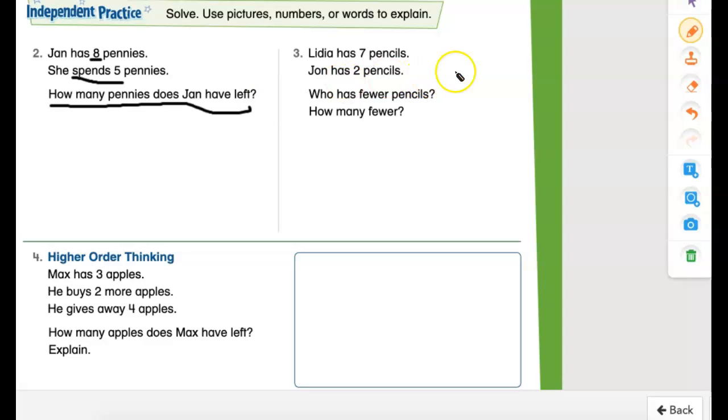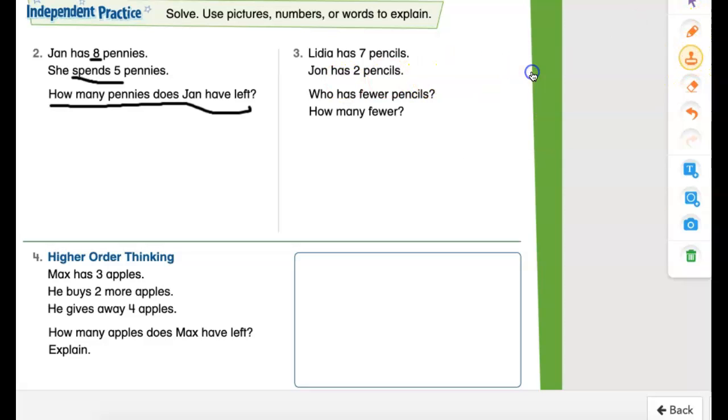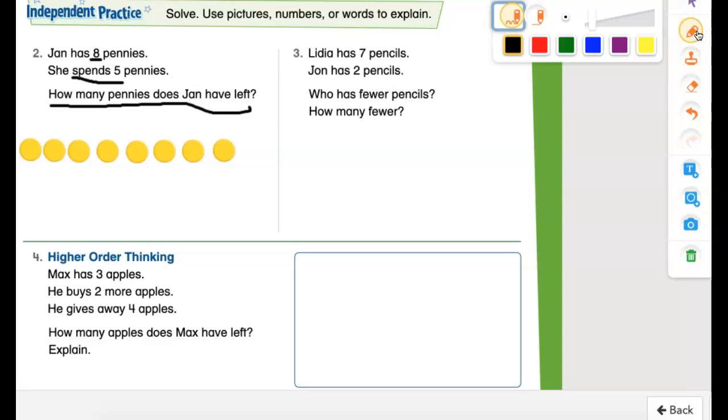So since this is independent practice, Mrs. Collier is not going to solve the whole problem with you, but I will help you set it up. So if I had 1, 2, 3, 4, 5, 6, 7, 8 pennies, and I spent 5 of them, those are gone.